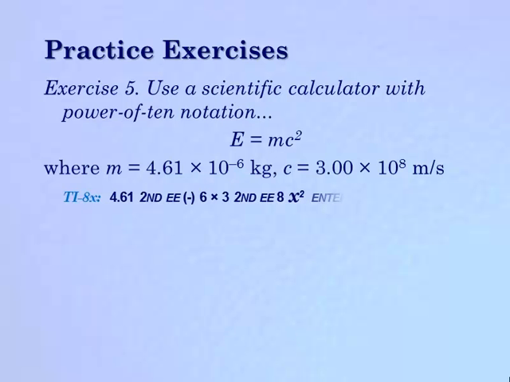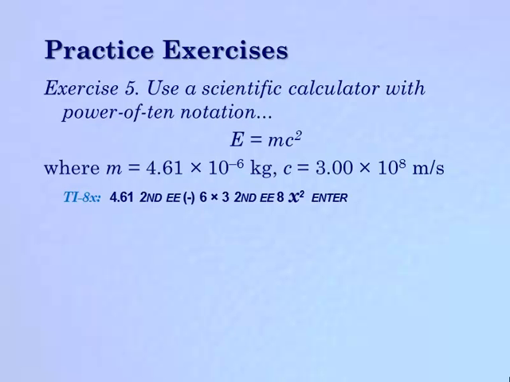Well, on a TI-80 series of calculators, that would be 4.61, then enter the exponent of negative 6 times 3, enter the exponent of 8, and in this case, we want to do the operation of x squared. Then press enter to complete the operation.